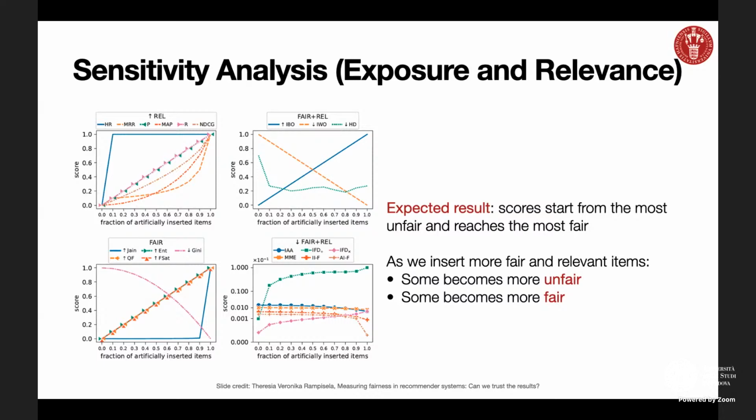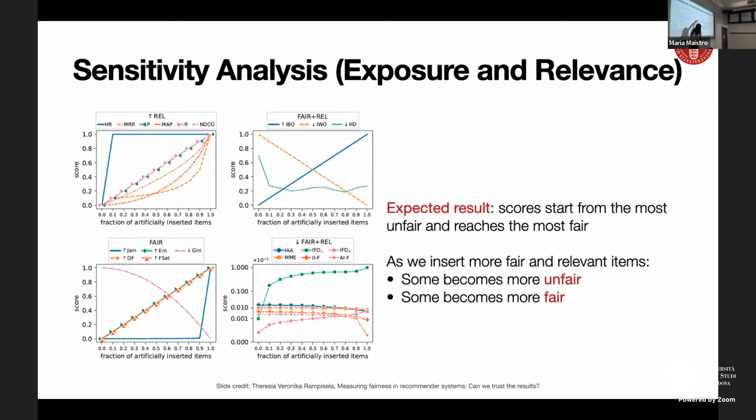And we do the same for measures that account for exposure and relevance. So here you have the behavior of the relevance measures as comparison, and this is the behavior of the fairness-only exposure measures, what we saw in the previous slide. And these are the measures for both exposure and relevance.